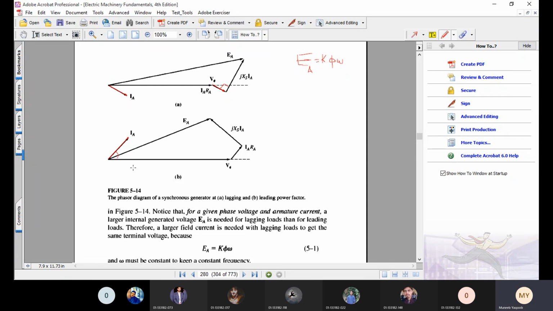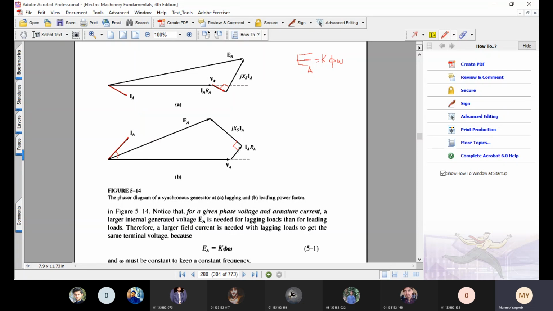So again, IARA is a vector exactly parallel to the vector IA, but shorter or smaller in length due to the negligibly small resistance RA. And then again, there is a 90-degree angle between the drop IARA and the drop jXS IA. The reason is that the same current is flowing through a resistance RA, and the same current is flowing through an inductance XS.